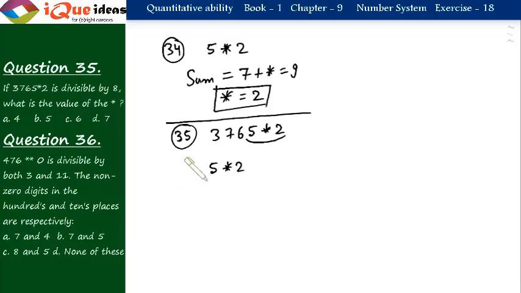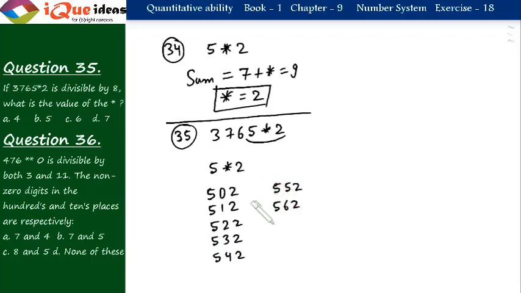If you see, the possibilities are 502, 512, 522, 532, 542, 552, 562, 572, 582 and 592.